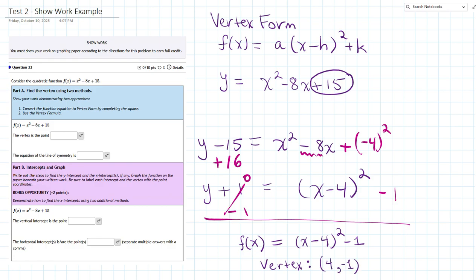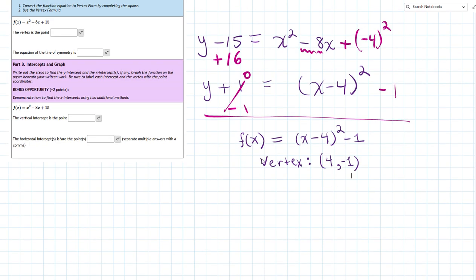Now I've completed step 1 of part A, showing that I've completed the square to rewrite the function in vertex form and then identified the vertex coordinates.